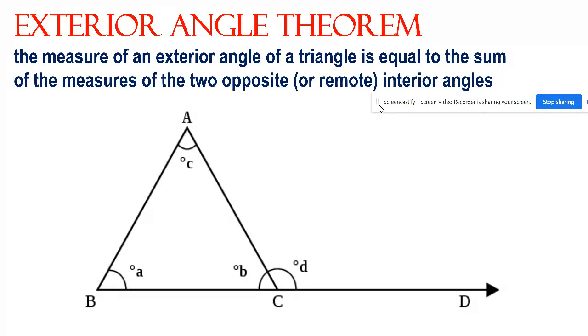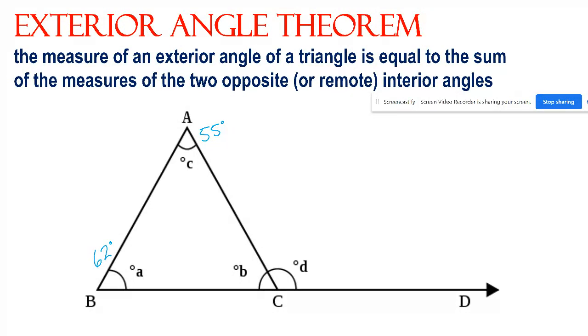So here's the idea. If we know that angle A up here at the top is, let's say, a 55-degree angle, 55 degrees. And let's say angle B down here is 62 degrees.